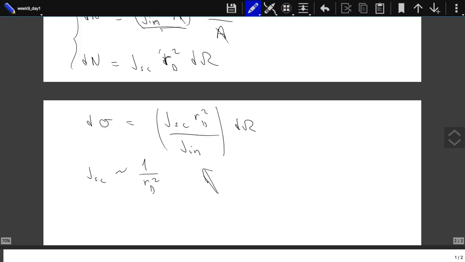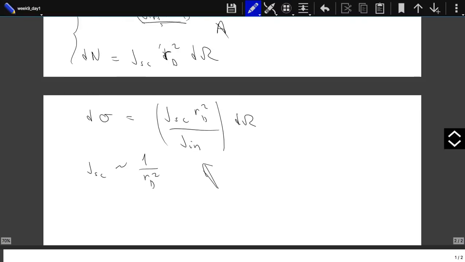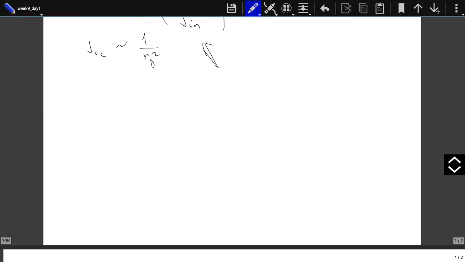Now, the next thing is, how do we do it in quantum mechanics? How do we describe the particle flux? Do you remember particle flux in quantum mechanics? Let's derive it.